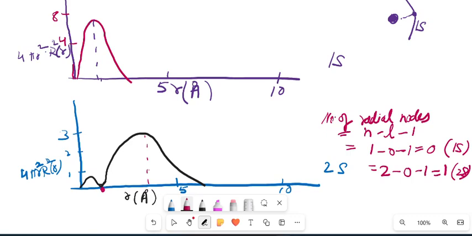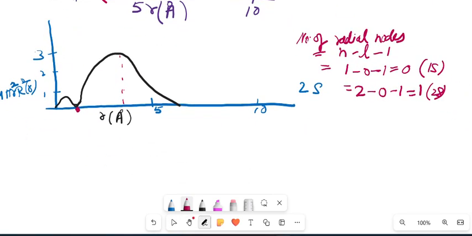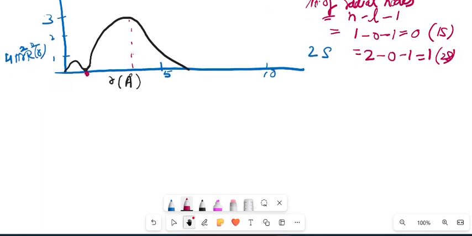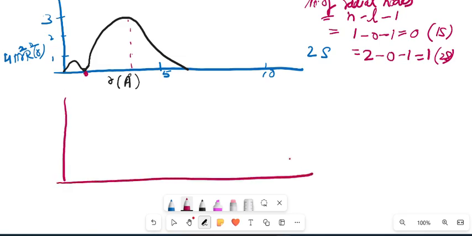So this is the probability density function for the 2s orbital of the hydrogen atom. And similarly, we can draw it for 3s. Zero, 1, 2, 3. This is the probability density.